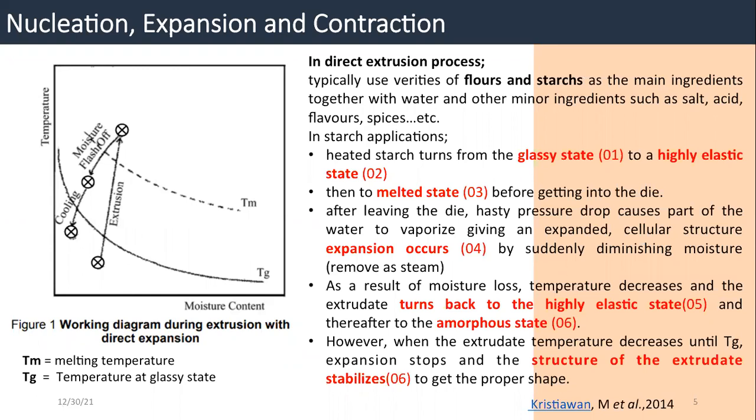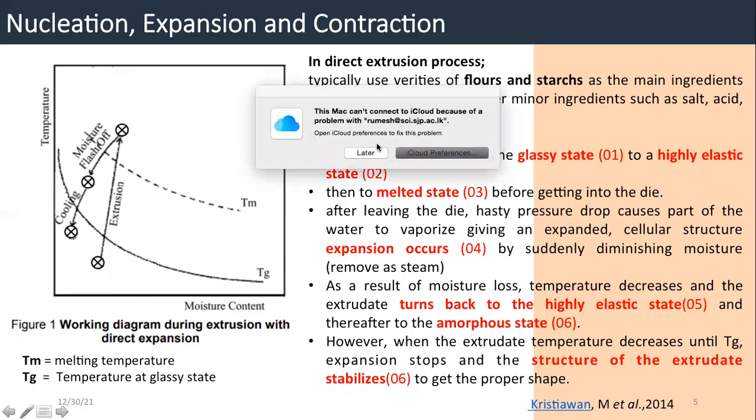Here you can see a diagram. On the X-axis, you can see moisture content. On the Y-axis, again, temperature, right? And Tg and Tm mean two temperature ranges. Tm means melting temperature and Tg means the glass transition temperature, right?